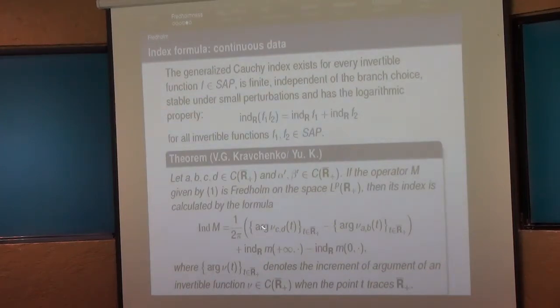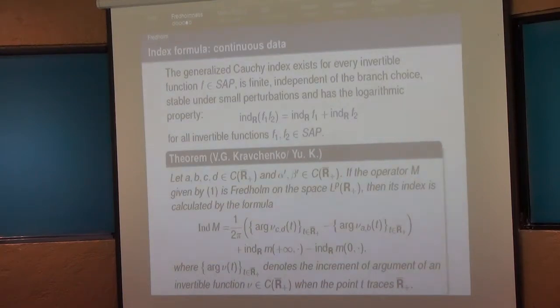So we consider a function with dominated coefficients, take the increment of arguments, and add the influence of almost periodic, of generalized indices of semi-almost periodic function at plus and minus infinite. So this denotes the increment of argument of this invertible function when the point traces such a set.